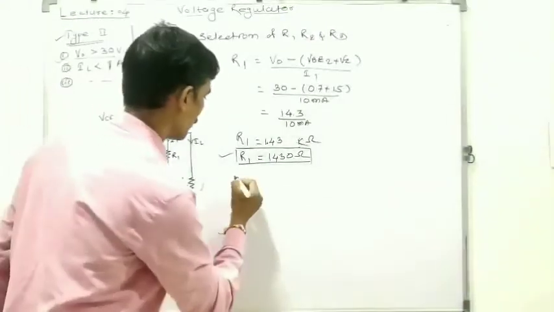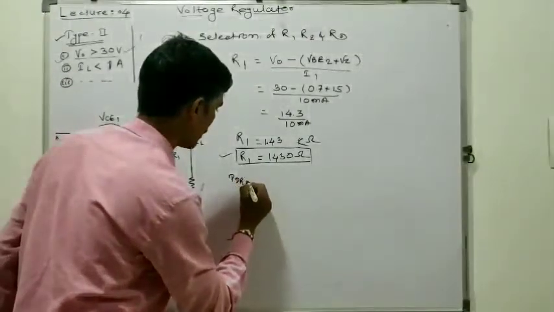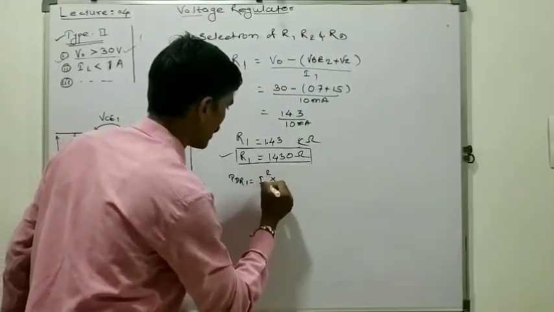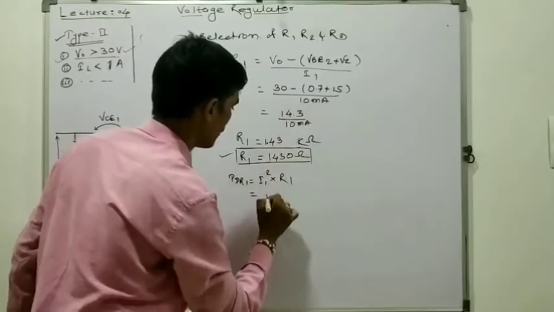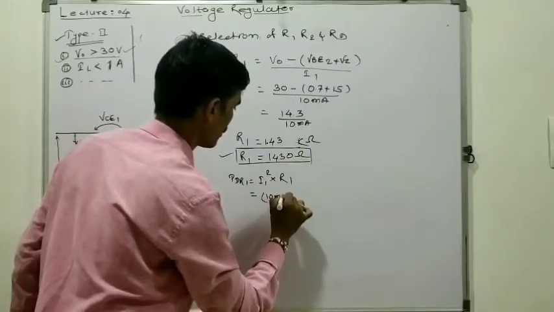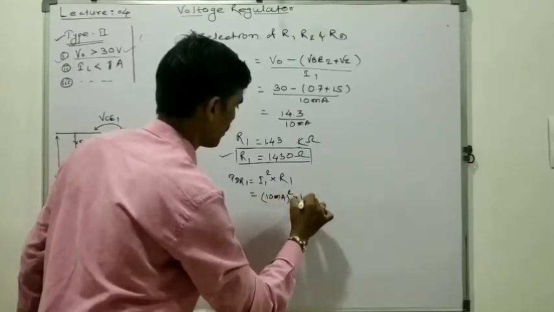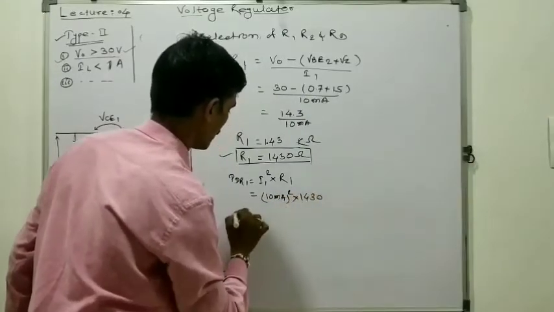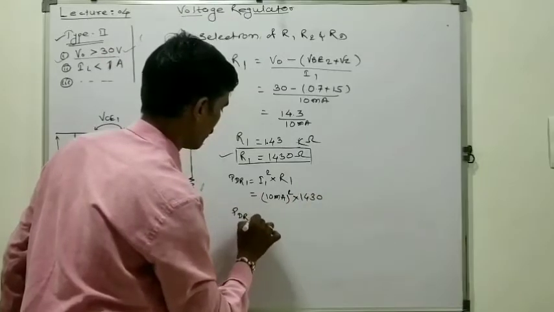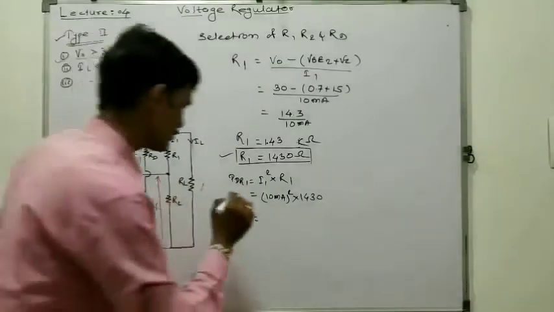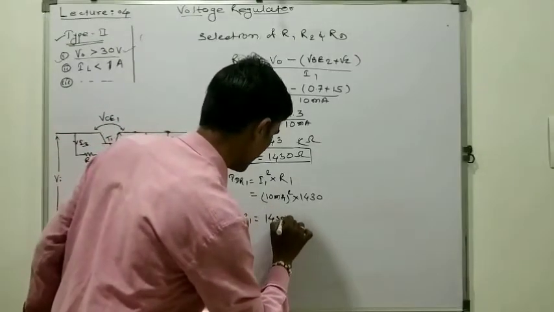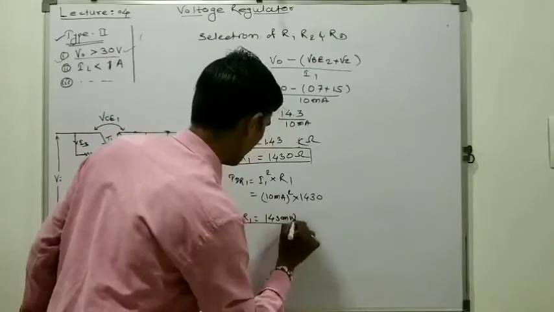For that we have PD R1 is equal to I1 square into R1. So I1 square is nothing but 10 milliampere square multiplied by 1430. So this is the power dissipation across R1, and it is equal to 143 milliwatt.